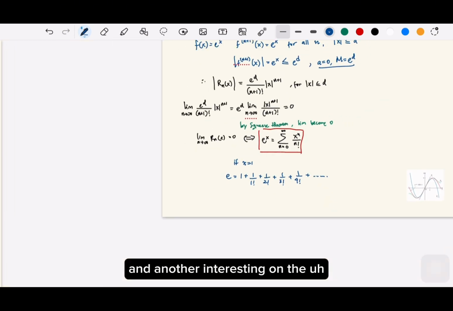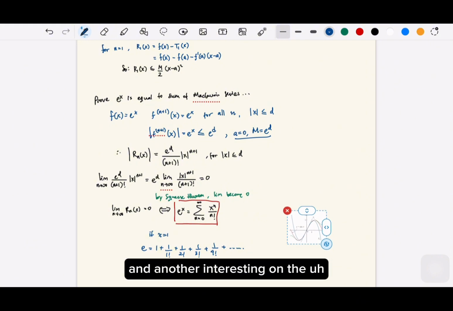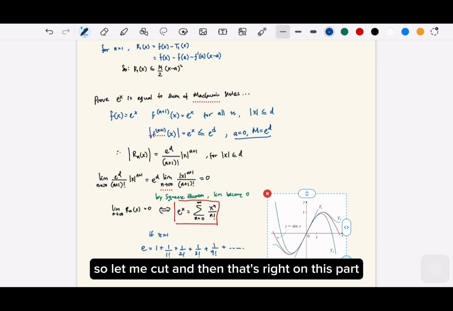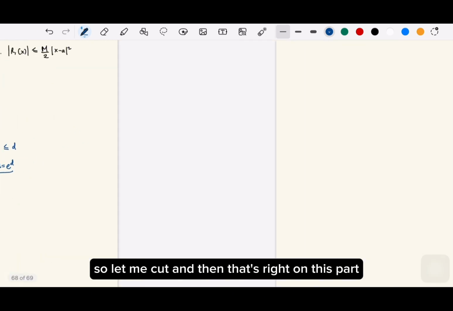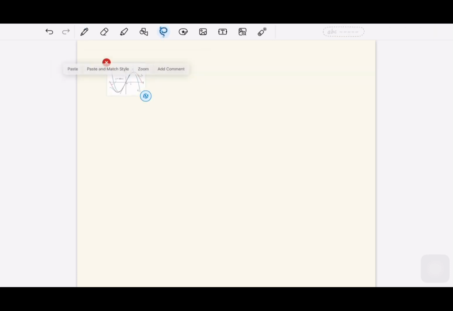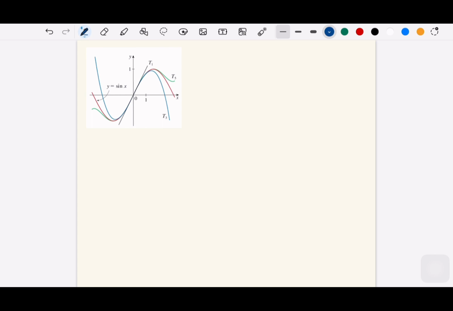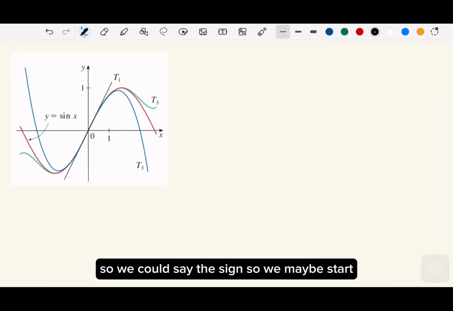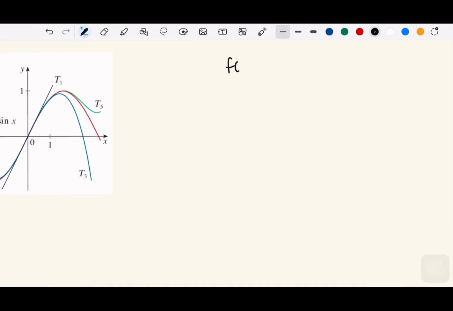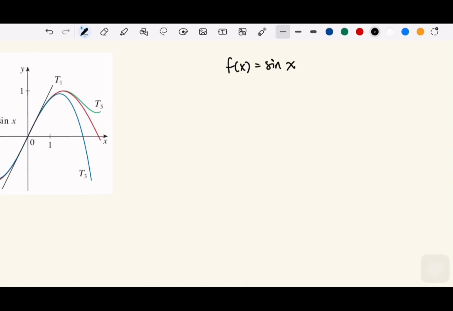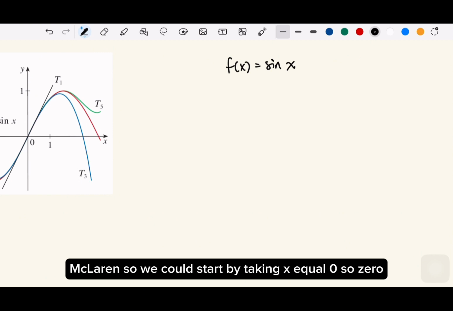And another interesting one is sine here, so let me cut and then let's write on this part. So this is sine. We maybe start by arranging sine within the Maclaurin series. So we could start by taking x equals 0.